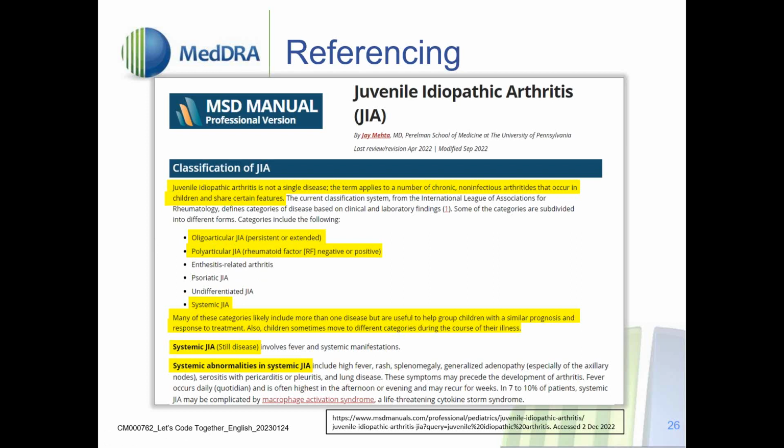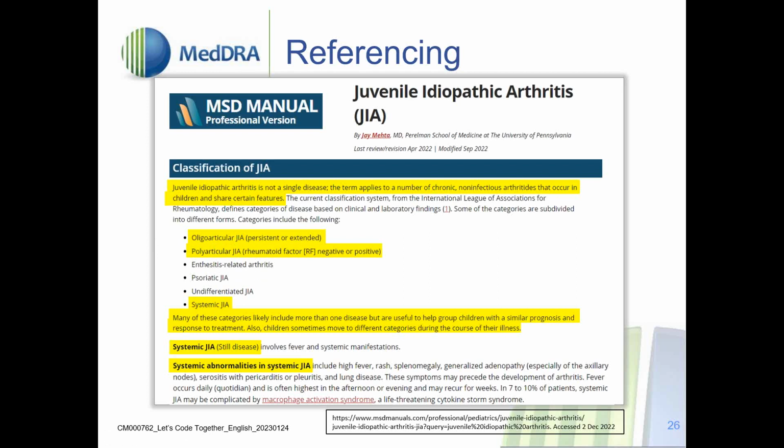So you have to have clarity about the definitions for these specifications of the articular disease. And I can tell you, if you look into the Dorland's, for instance, oligo refers to situations where 2 to 4 joints are affected at the same time, and poly relates to conditions where 5 or more joints are affected at the same time.